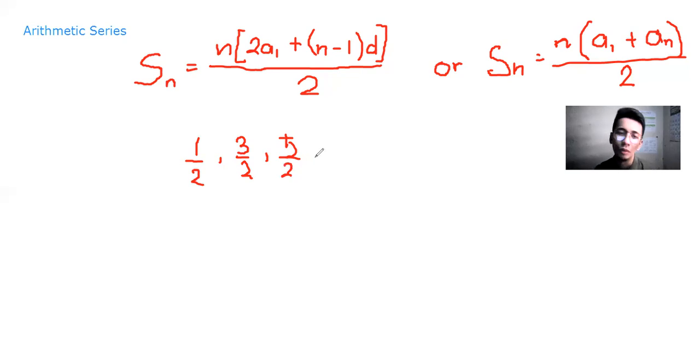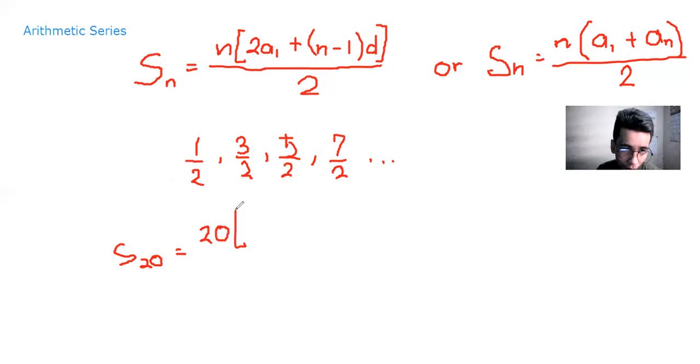Then, sunod natin is 7/2. Ganyan, diba? So, kunyari, hanapin natin S sub 20. Ika-20th term, diba? So, ang magiging n natin dyan is 20. Then, multiply natin siya. Yung 2 natin, so pa rin yun. Ang tatimes natin siya sa 1/2 kasi ang a sub 1 natin is 1/2.